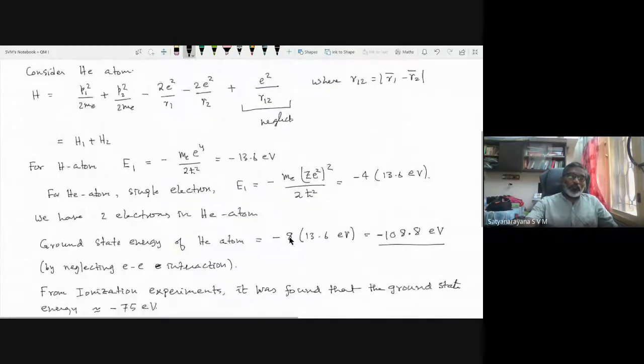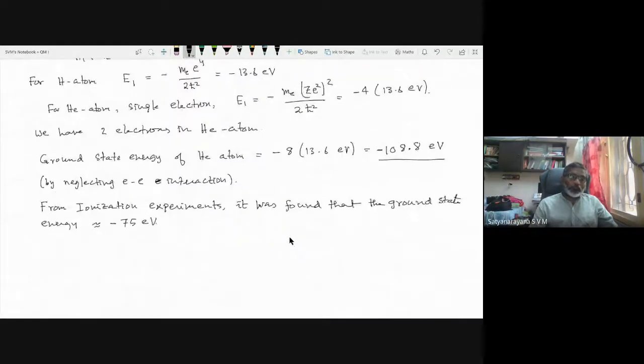Okay. So what is the second option? Option 2 is to treat electron-electron interaction as a perturbation.